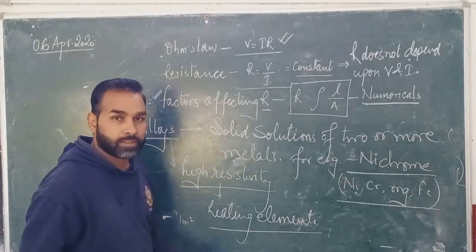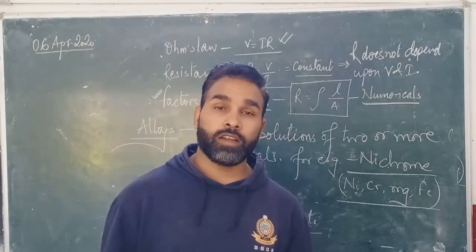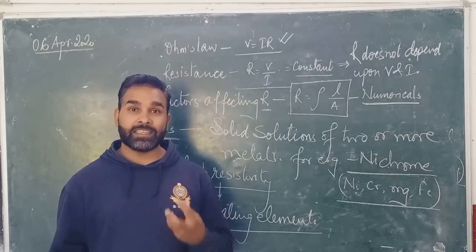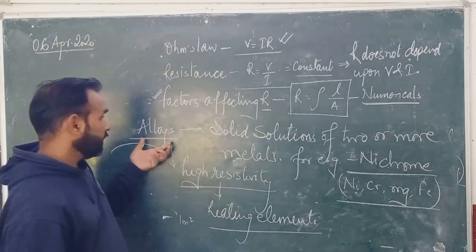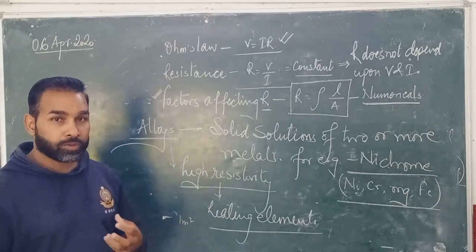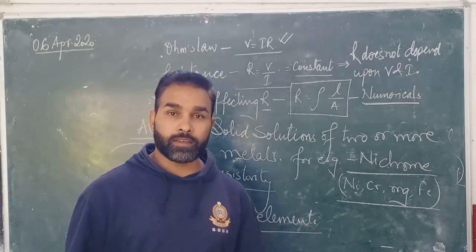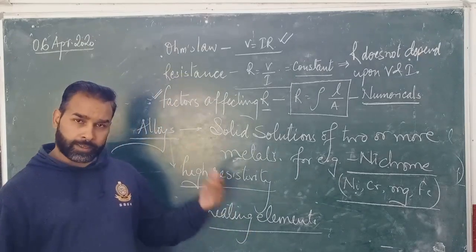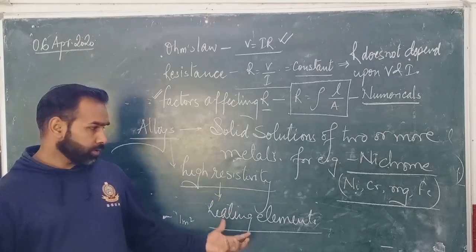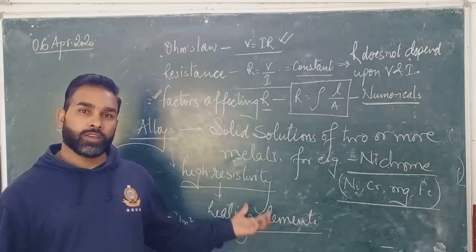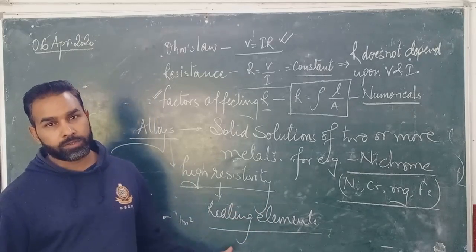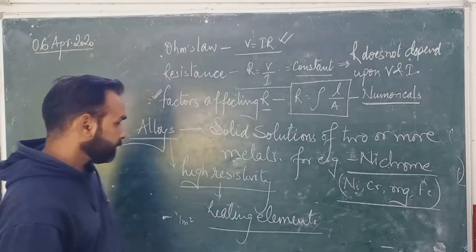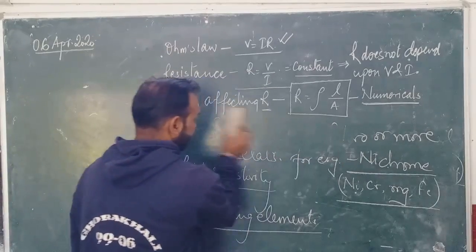You must have seen that in your geysers and electric irons, there is a very highly resistive material inside, made up of alloy. So there may be a question like, why are electrical components in geysers and electric irons made up of alloy? They have very high resistivity, due to which they have a very high temperature coefficient also, and they can bear a very high amount of temperature. That is the main reason why we use alloy in them.